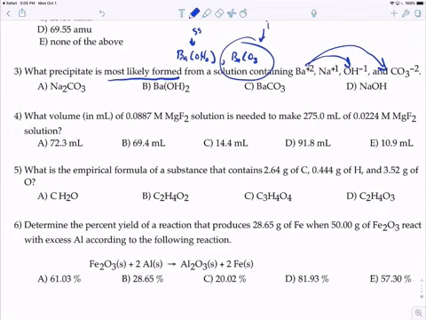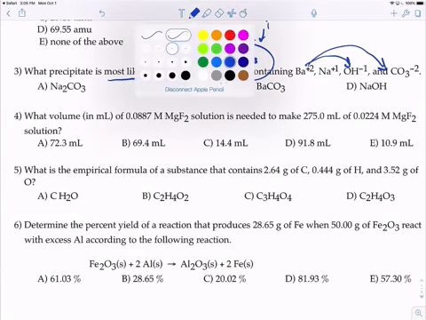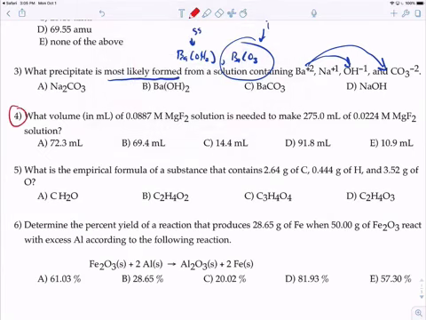So what volume of 0.887 molar magnesium fluoride is needed to make 750 milliliters of 0.0224 molar magnesium fluoride? The way you solve this one, use the equation M1 V1 equals M2 V2, or solving for V1, V1 is equal to M2 V2 all over M1.